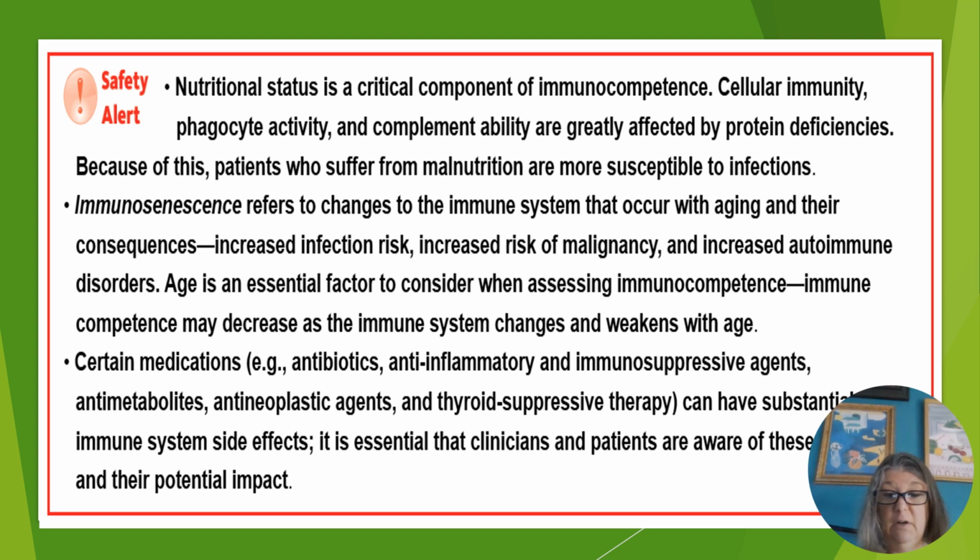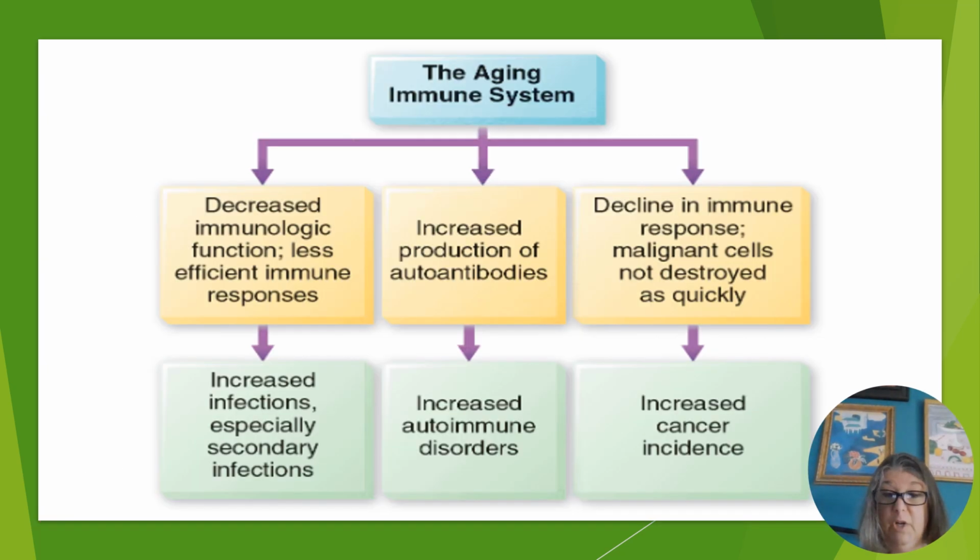A lot of people will get protein drinks on their tray if they're in the hospital, and that's just to help boost that nutritional status. So take a look at this safety alert. This is the aging immune system. This is also straight from the book, just a nice little diagram of expected findings, okay?